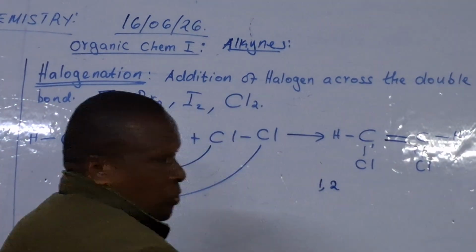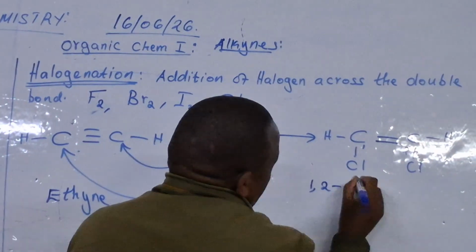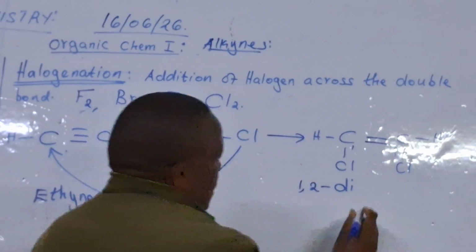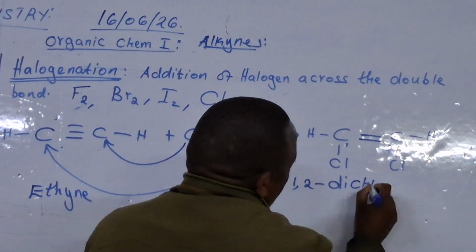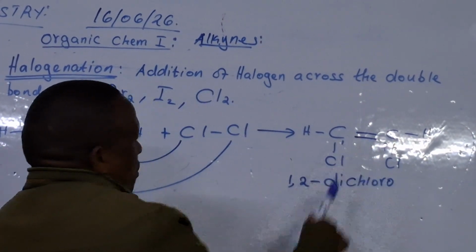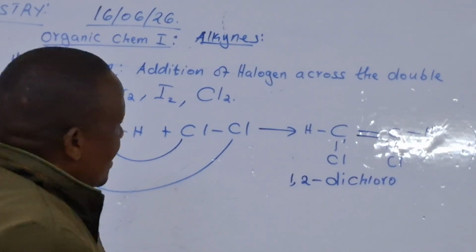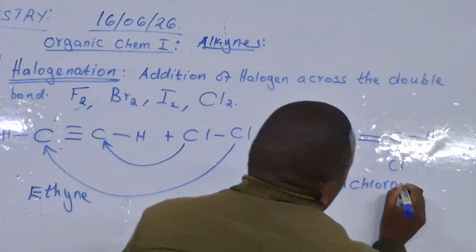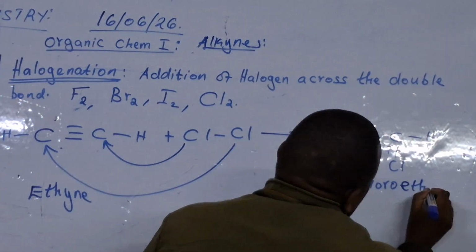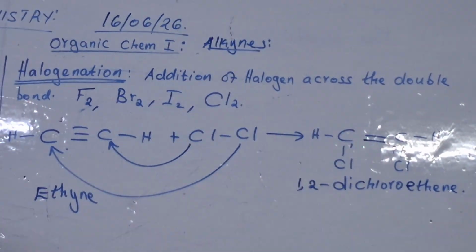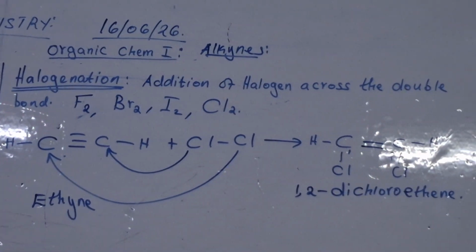Then you start with the prefix di, and then the name of the substituent, which is chloro, dichloro. Then the name of the double bond, sorry, ene: dichloroethene. Why? Because we have 2 carbon atoms in the longest continuous chain and a double bond.